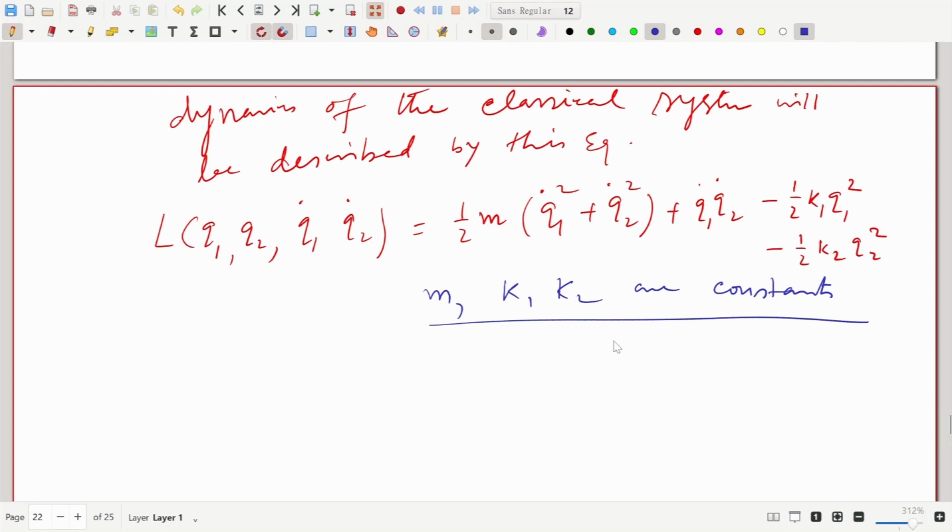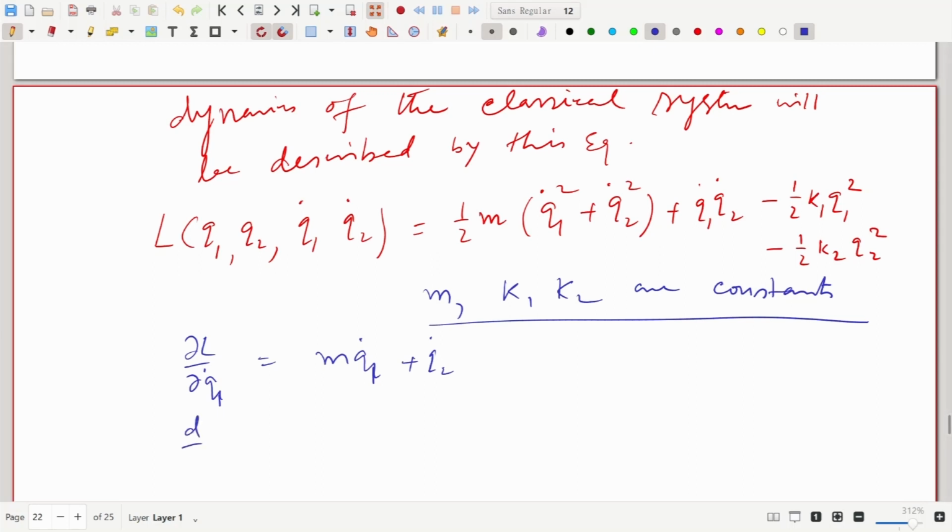Let us find the equation. I already mentioned that you have to find the equation for all values of i equal to 1 to the degrees of freedom. In this case it is 2 degrees of freedom, so we have 2 coordinates. del L del q1 dot we can calculate, it will be m times q1 dot plus q2 dot.